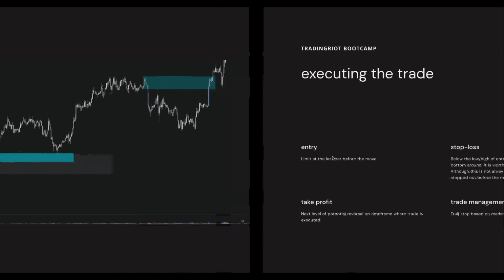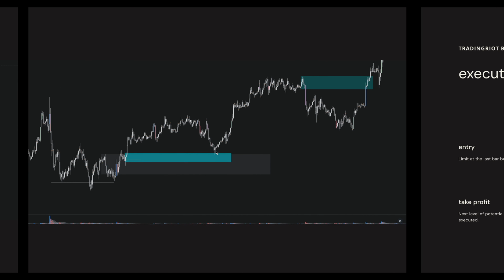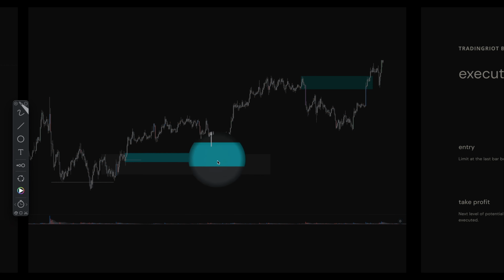Obviously, you can wait for the initial reaction. My issue with that would be that if, for example, you are going to be trading this and you are not sure, you will wait for this candle to close here.